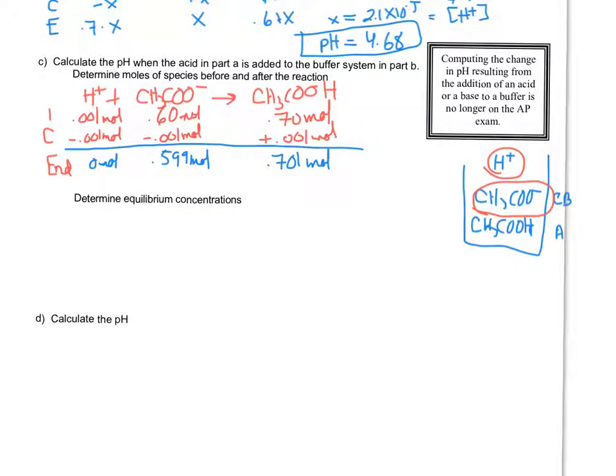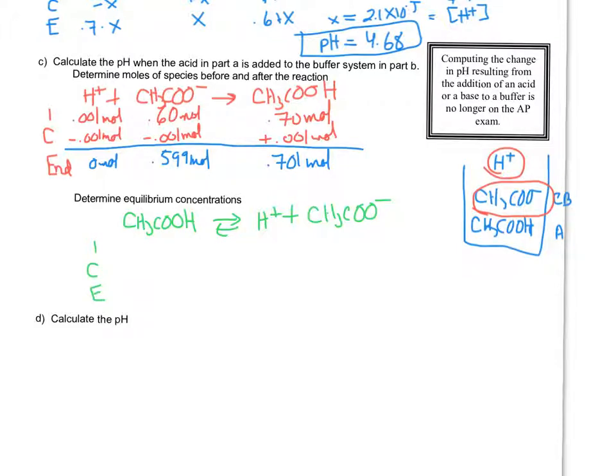So you want to rewrite your dissociation equation for your acid. So CH3COOH, that's my acid and my buffer, dissociates into H+ and CH3COO minus. So I do it just like I would find the pH for any buffer. I do an ICE chart.